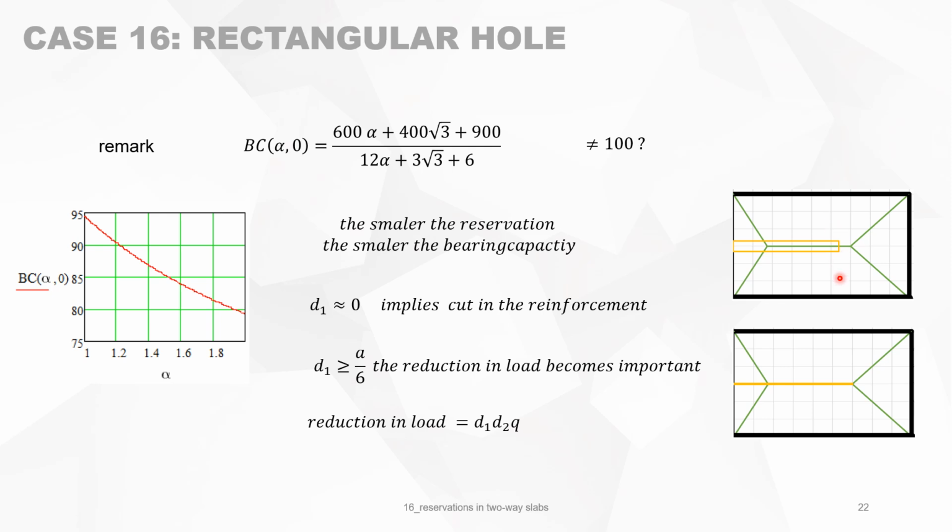So as soon as you make the reservation, the load that was on the reservation is left away. So from a certain width of slab D1, this gets more important, and you do not lose total bearing capacity because there is no bearing capacity calculated where the reservation is.